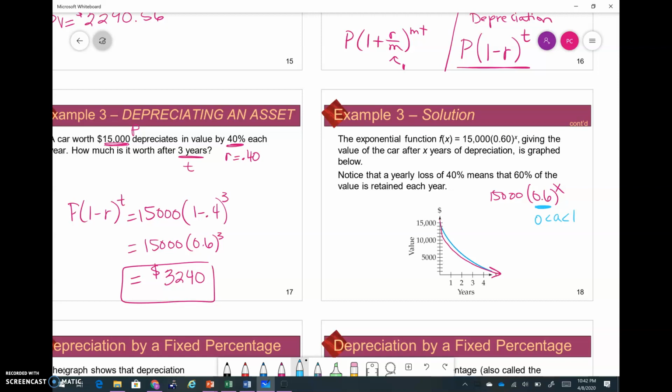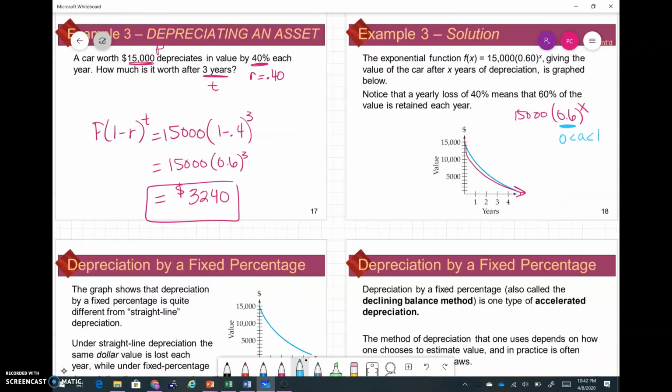All right? So another thing to notice is that a yearly loss of 40% means that 60% of the value is retained each year. So yes, we're losing 40% of our value, but we get to keep 60% of our value each year. Okay?